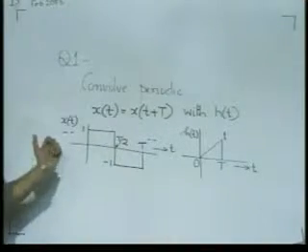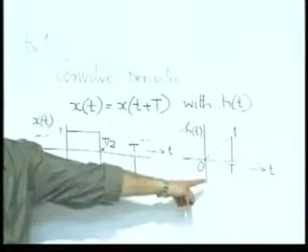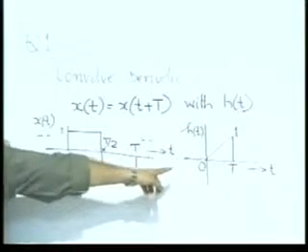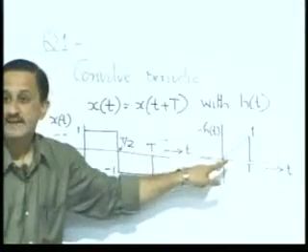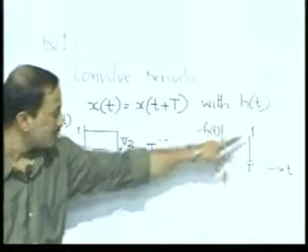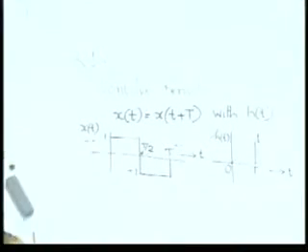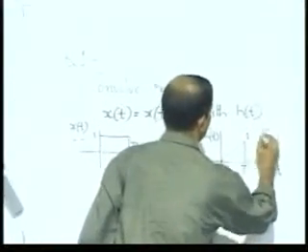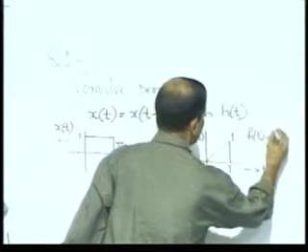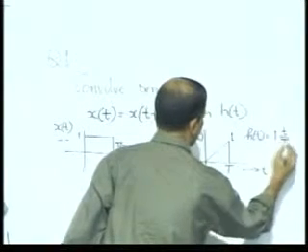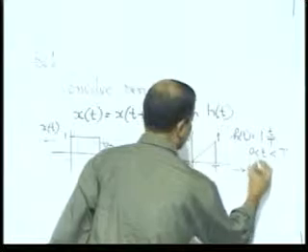I have shown a dotted shape that this would then be repeated at every multiple of T. And it is required to be convolved with the function h(t), which is non-zero only over the interval 0 to T. This is a straight line relationship, and it rises from 0 to 1, and therefore the slope is 1 by T. So in fact we can write down h(t) here if we wish to. h(t) is simply 1 into t by T for t between 0 and T, and 0 else.